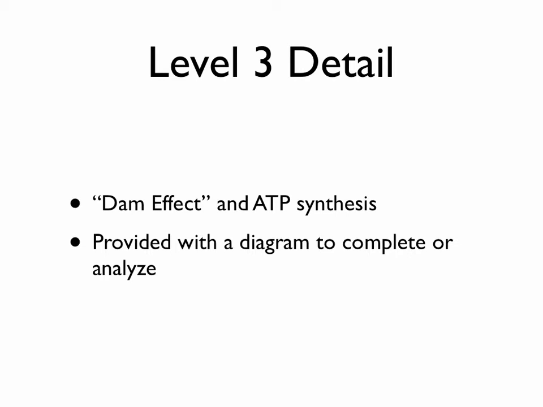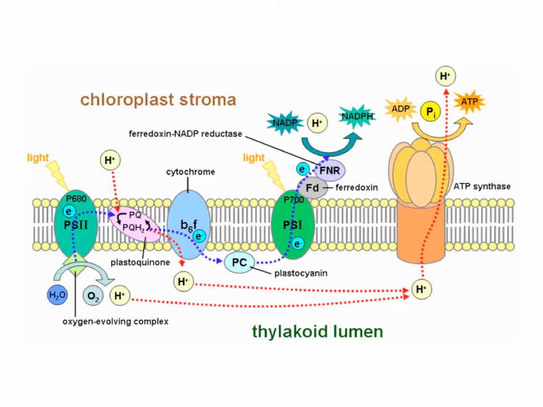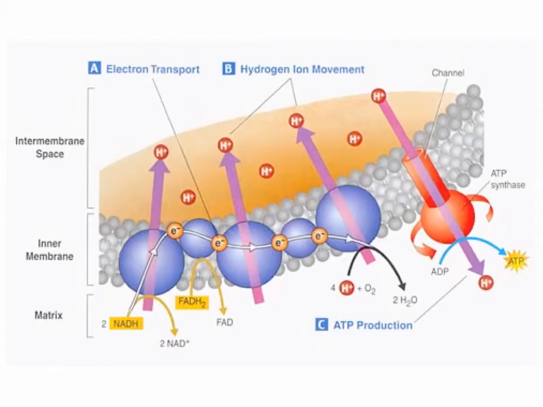But just suffice it to say that I will provide you with a diagram that you will either complete by labeling or analyze and describe. The diagram will look something like this. This is the effect and ATP synthesis for photosynthesis, and this is the same diagram for respiration. I know it's confusing, but for now, you don't have to worry about it.